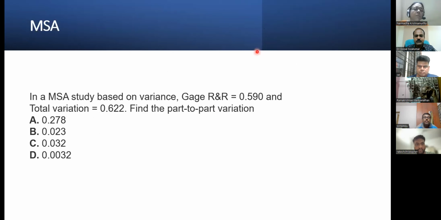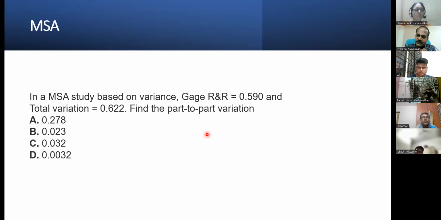Now we are moving on to the next question. In an MSA study, measurement system analysis, gauge R&R is 0.59, total variation is 0.622. Find the part-to-part variation. We all know one thing, the relationship: total variation is equal to part-to-part variation plus measurement system variation. Am I right? Yes, sir. Variation has two sources.